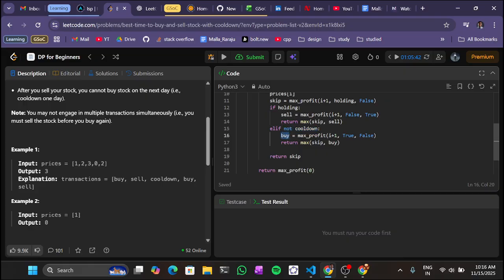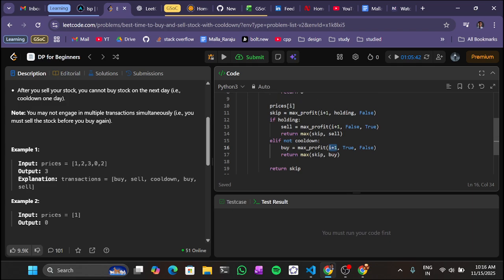We are buying equals the maximum profit of, we are buying the next value, true. If we are buying it, we are holding it.